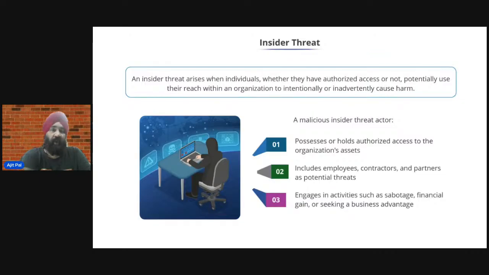So why is it important? Because they do have access to organization assets. They could be employees, contractors, and partners. For example, I was giving you Stuxnet. All critical infrastructure is hosted in an air gap infrastructure, which is not connected to the internet in any way.